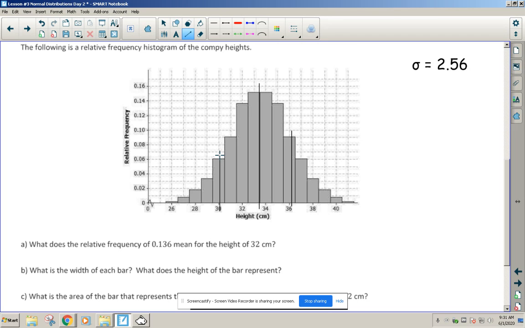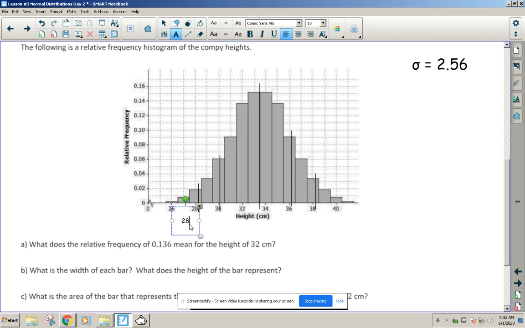And if I continued with my z-scores, if I subtract another z-score, I'm at 28.38, which would be around here maybe. And if I added a z-score to the 36.06, I'd have 38.62, and that would bring me maybe around here. So I can actually add on and then type in my z-score.